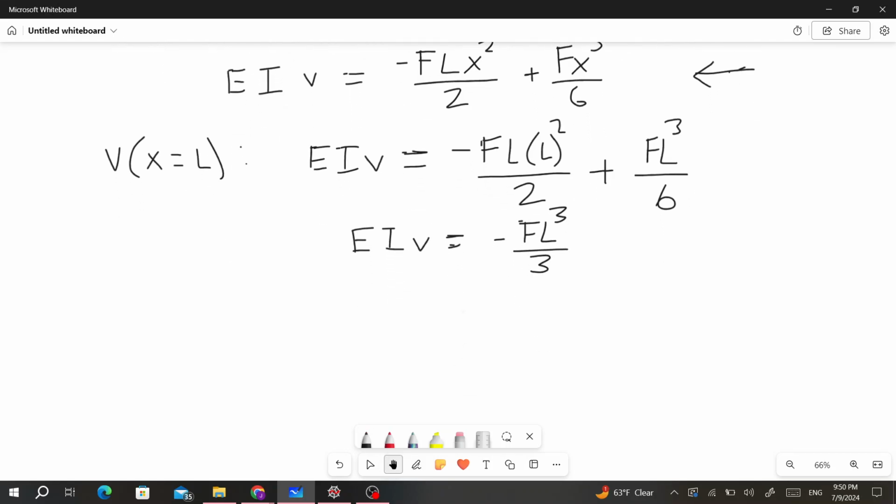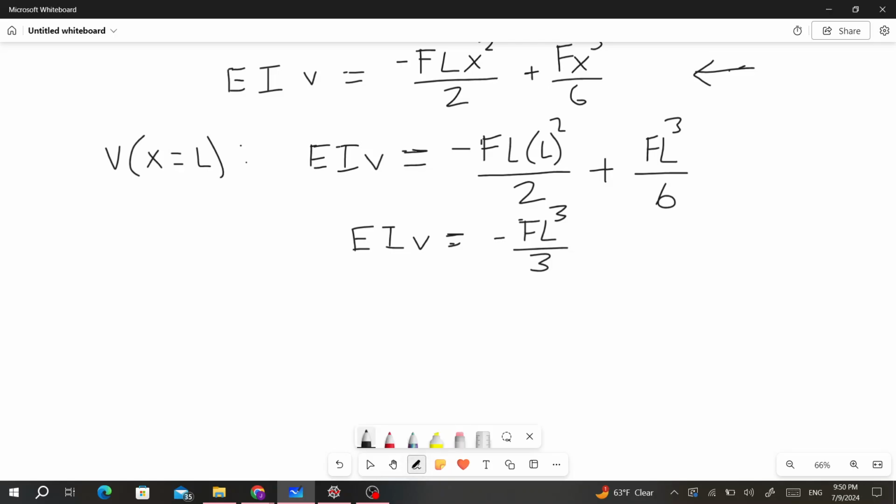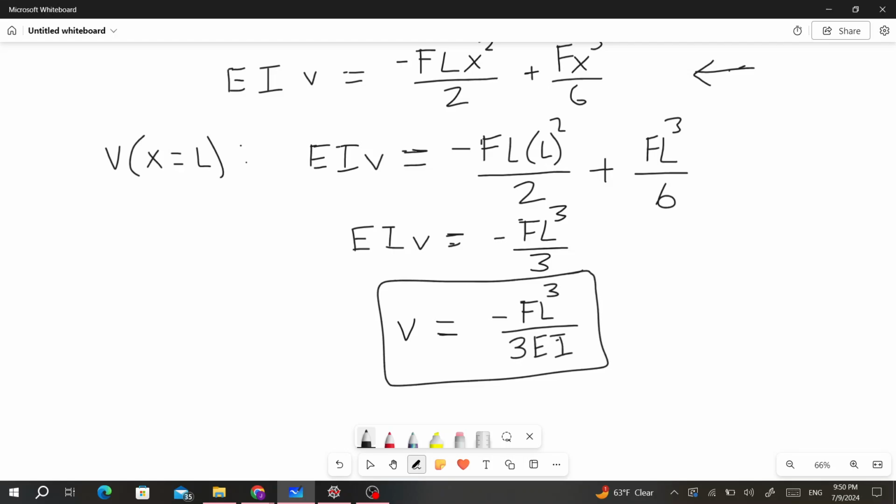Then if we do the last bit of algebra to solve just for v, we have v is equal to minus FL cubed divided by 3EI. That tells us that the displacement is in the downward direction. So for a force F at the free end, the tip will displace in the downward direction by FL cubed over 3EI.